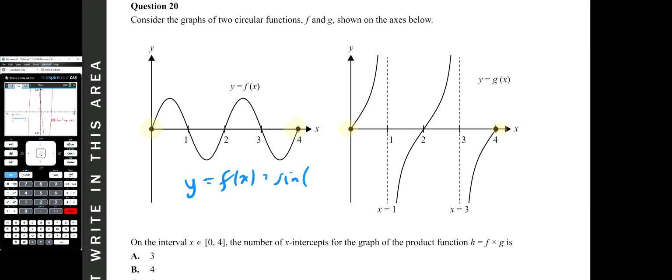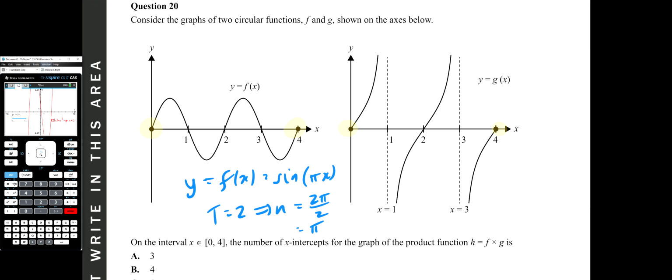What we do is we know the period is 2, so the coefficient of x is going to be 2 pi over 2, which is pi. So we have sine of pi x is the equation of the first graph.